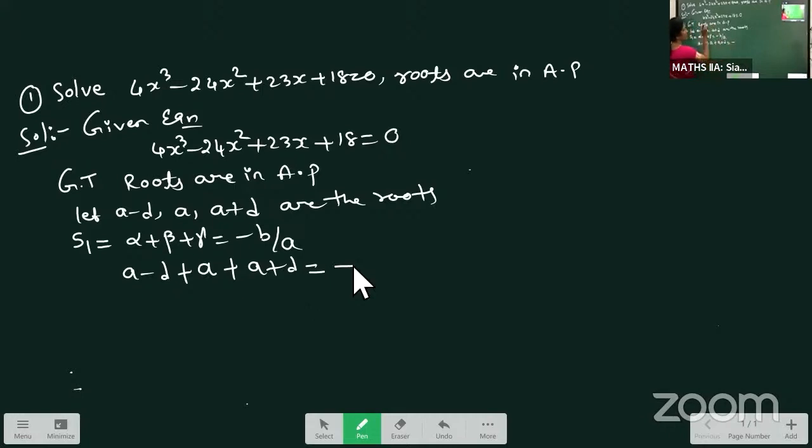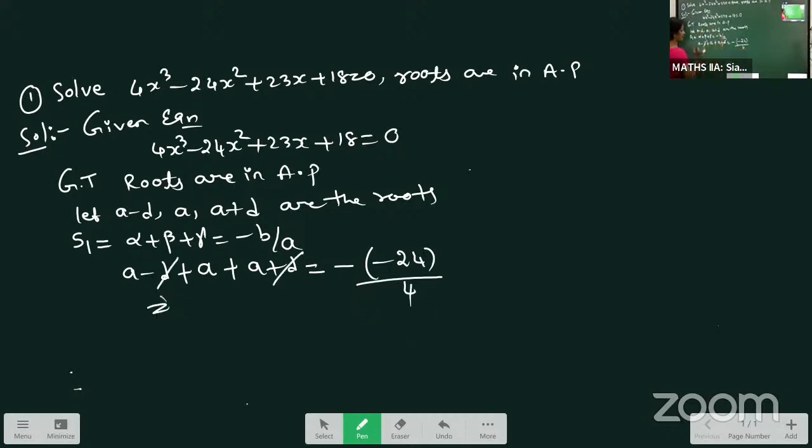The equation is in the form of the general polynomial equation, ax cube plus bx square plus cx plus d form. So here what is b? Minus 24, the x square coefficient, by a. What is the a value here? 4. Plus d, minus d cancel.